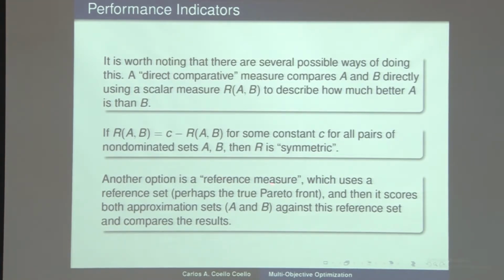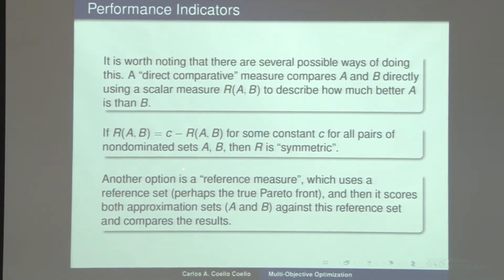Another option is what we call a reference measure. A reference measure, and this is an important distinction Joshua identifies between direct comparisons. There are performance indicators that directly compare the outcome of one algorithm with the outcome of another algorithm. This is what is illustrated here.